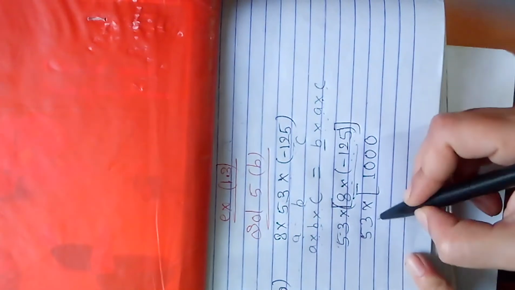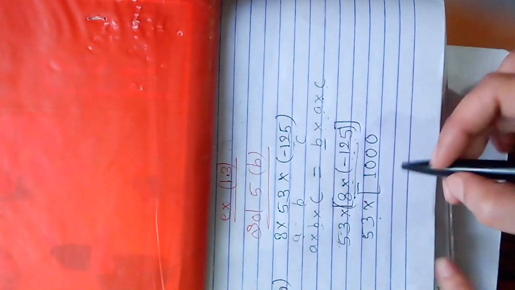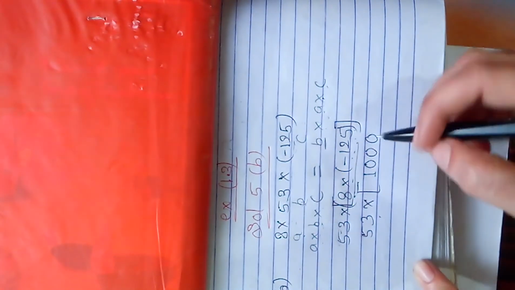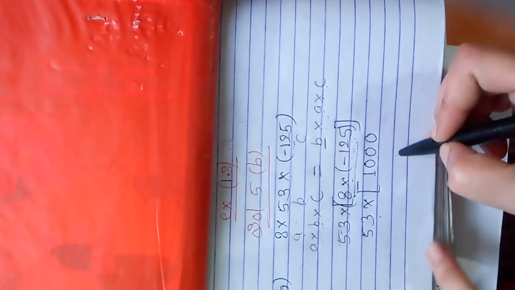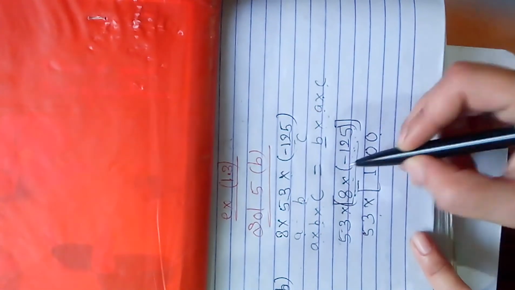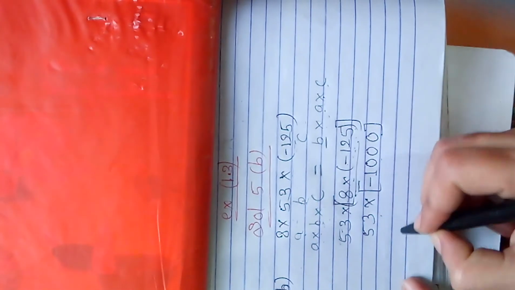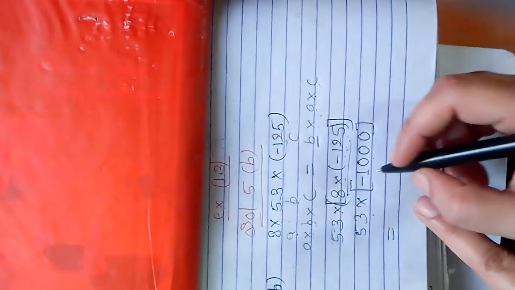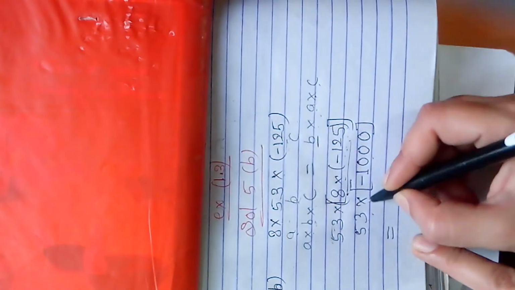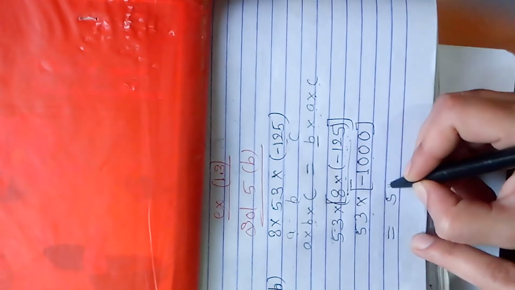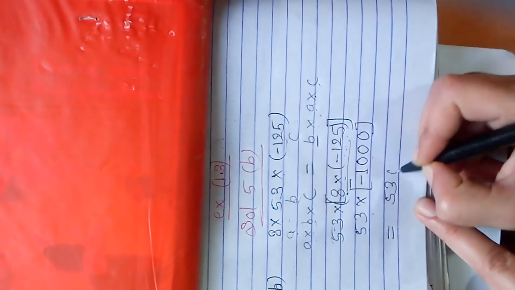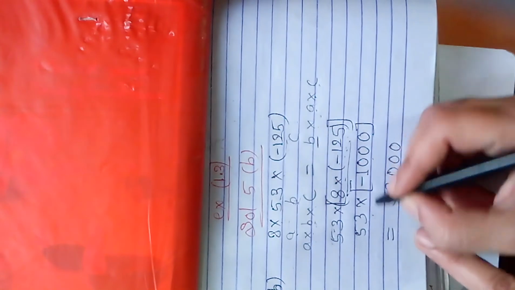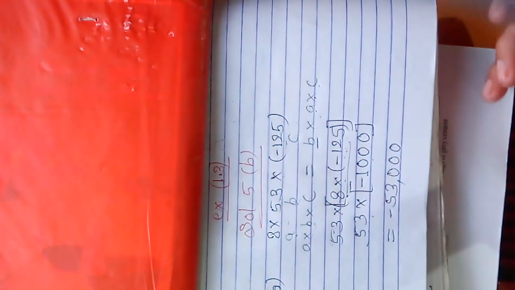So it will be easier to multiply. 8 into 125 became 1000, plus into minus gives us minus. Directly you can solve it further. 53 multiplied by 1000 gives us 53 and 3 more 0s, with a minus sign.